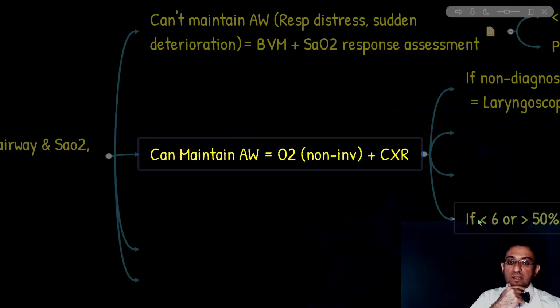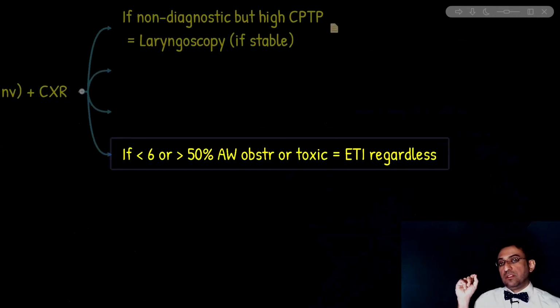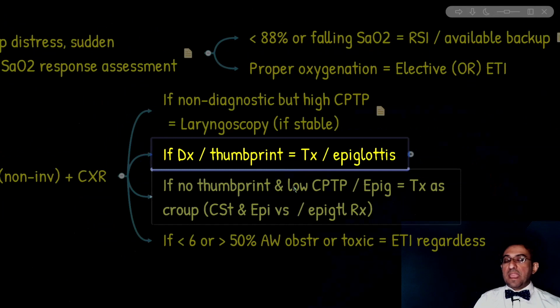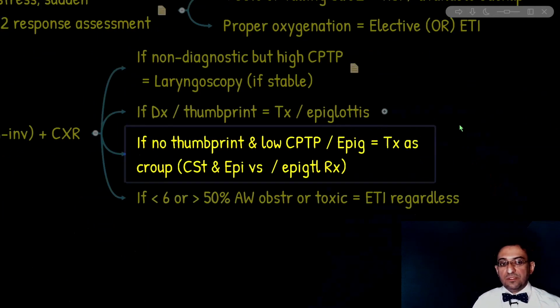Any patient with clinical suspicion of epiglottitis who is 6 years or younger, or whose x-ray, even in the stable patient, shows more than 50% obstruction of the airway, or if the patient is deteriorating or toxic in general, even if older than 6 years and less than 50% obstruction and initially demonstrating ability to maintain airway, these patients still need intubation. Another scenario in the stable group is that chest x-ray is not diagnostic.